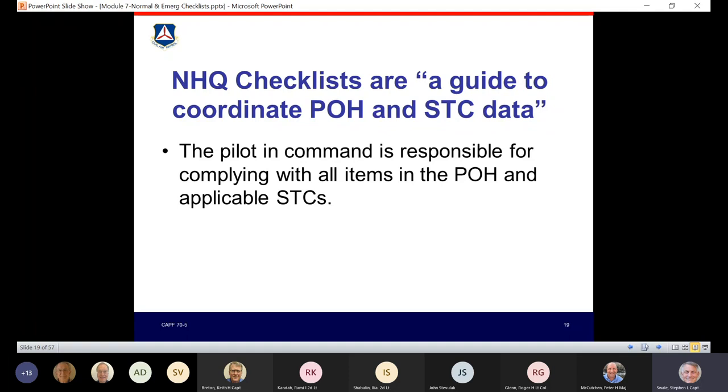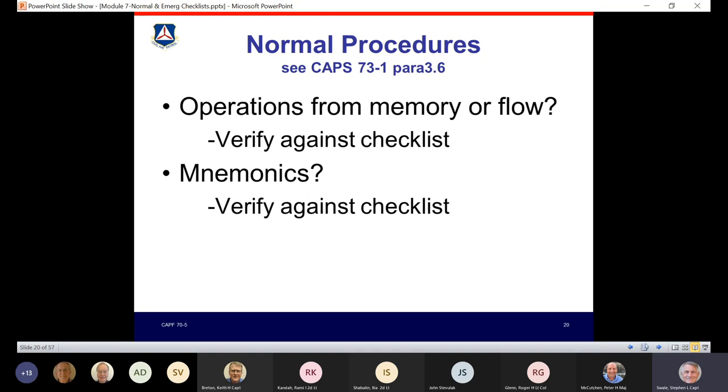So as a guide, they say this is just a guide. It is not all the law and the prophets, if I can use a metaphor. The pilot in command is still responsible for complying with all items in the POH and applicable STCs. So make sure you realize that this might not be the unabridged version of everything you want to have in your hands for an emergency or for normal procedures.